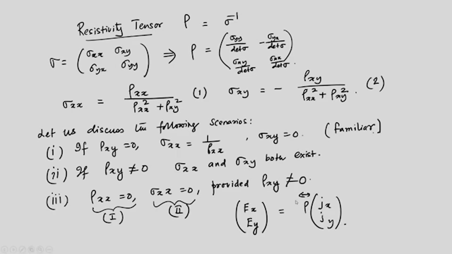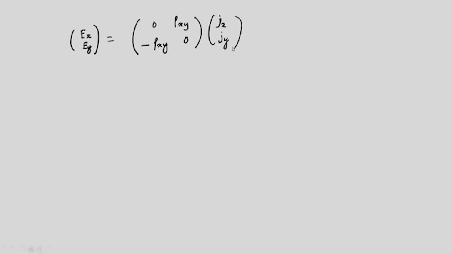But because of rho taking this form, where rho xx is equal to 0, it is 0, rho xy, minus rho xy, and 0, and then Jx and Jy. Now, you see what happens is the following. You have Ex equal to rho xy Jy, and Ey equal to minus rho xy Jx, right?